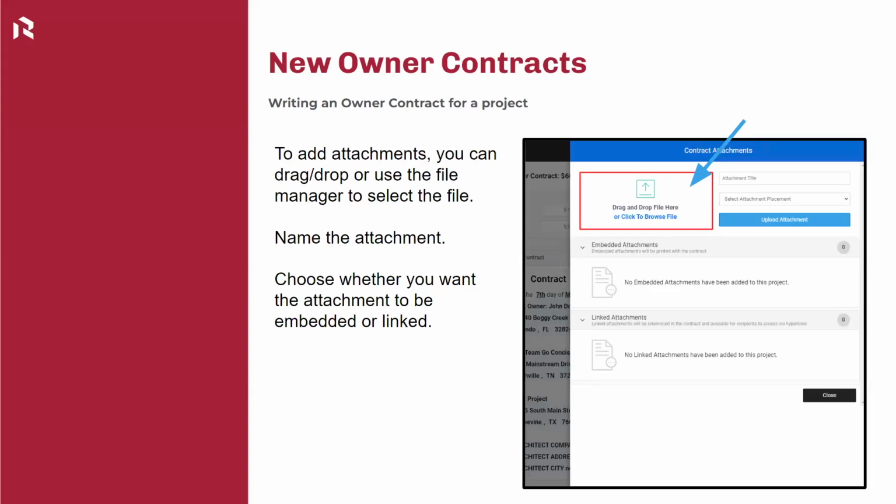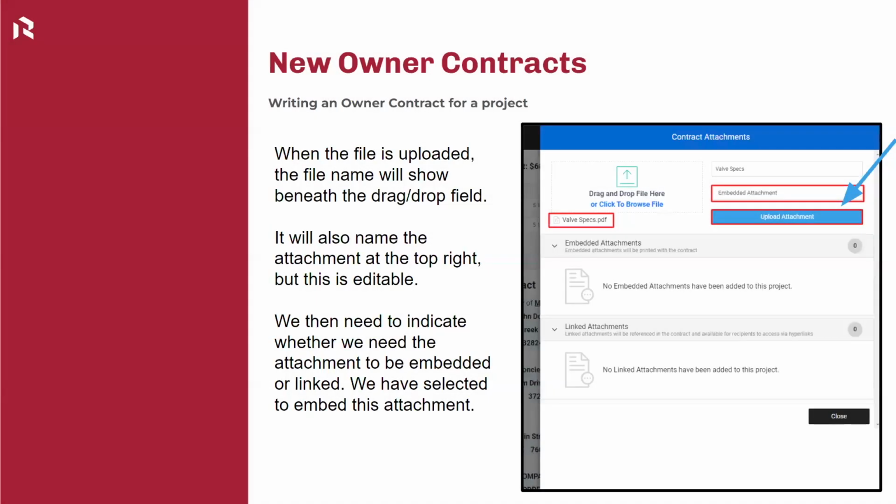It'll say abc123.pdf or whatever the name of the file is. And then up at the top right where it says attachment title, it'll try to read the name of the file for you and autofill that, but you can override that. And you can manually name that something different if you need to.